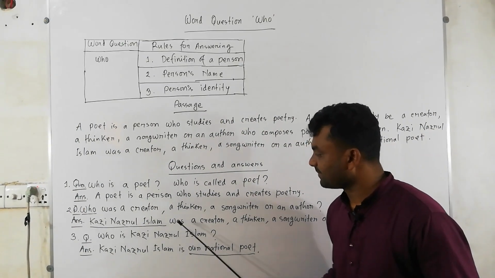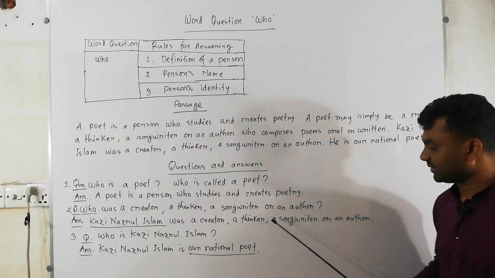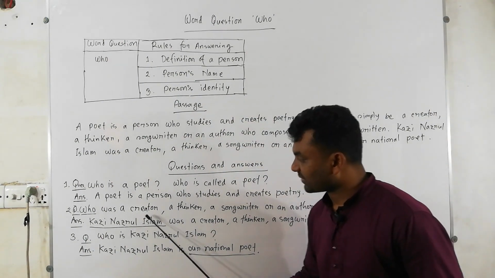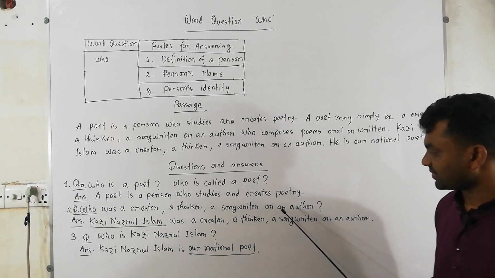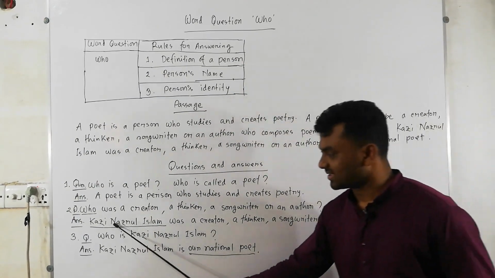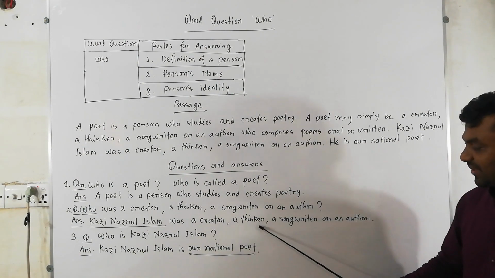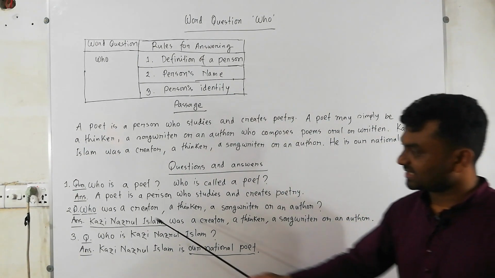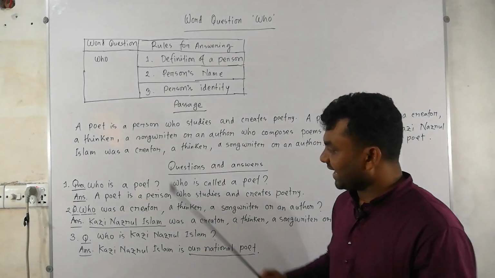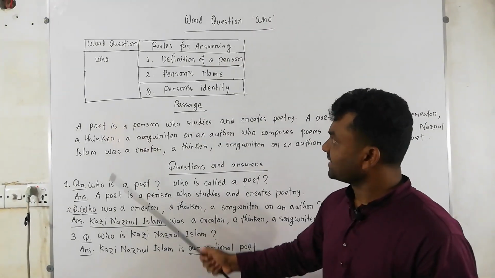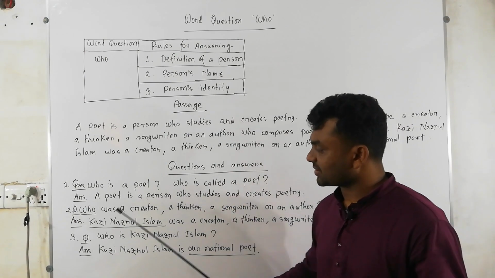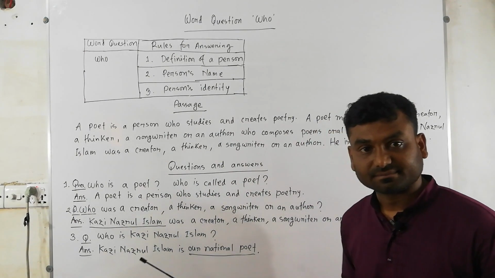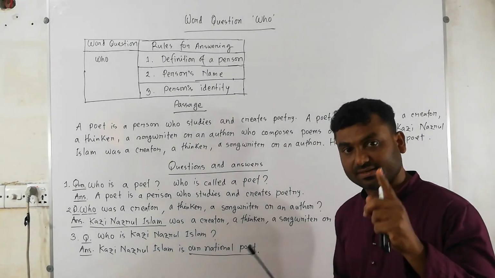Qazi Nazrul Islam was a creator, a thinker, a songwriter, or an author. By these questions, we understand that it is demanding a person's name. That's why instead of who, we have to write down Qazi Nazrul Islam. You got it? I think you got it.